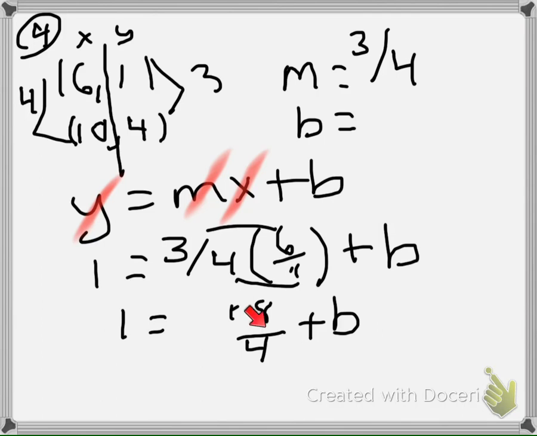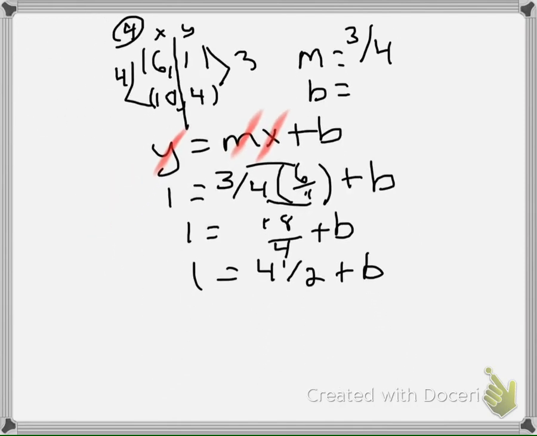I'm going to simplify this. 18 divided by 4 is 4 1/2. The way I did that in my head was I was just thinking, how many times can 4 go into 18? It goes in 4 times. How much is left? Well, 4 times 4 is 16. So 2 is left out of 4. And 2/4 is the same as 1/2.